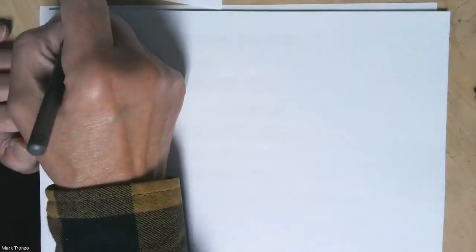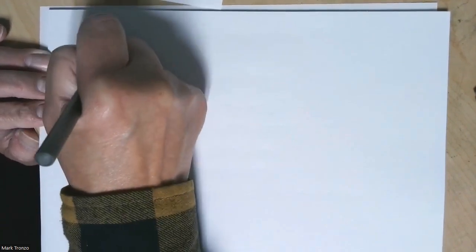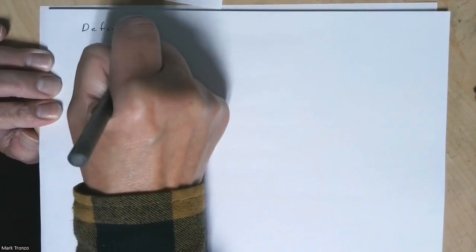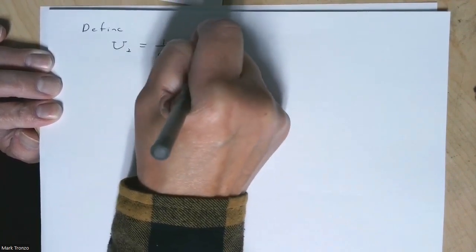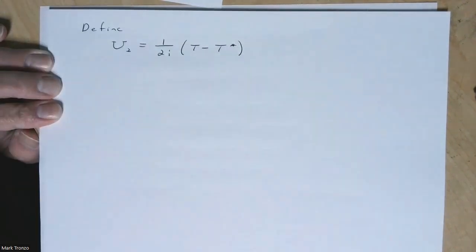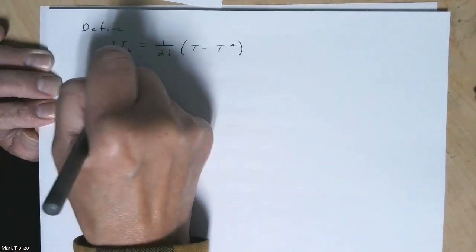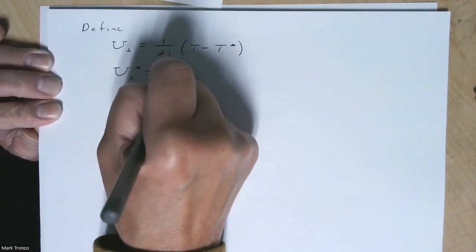Also, you may define u2 this way and take the adjoint of that.